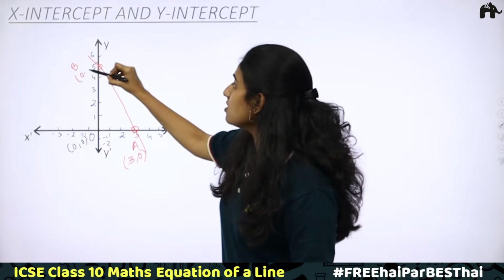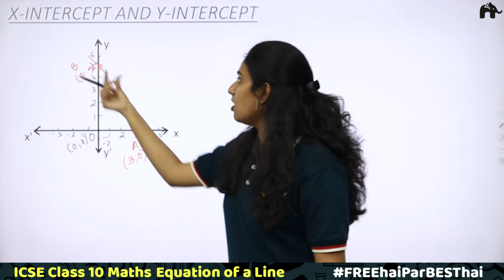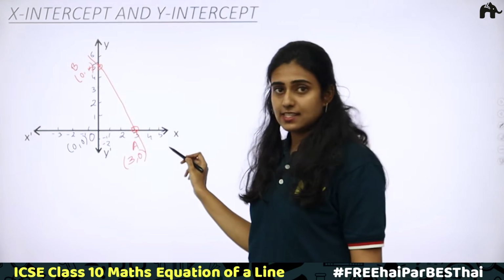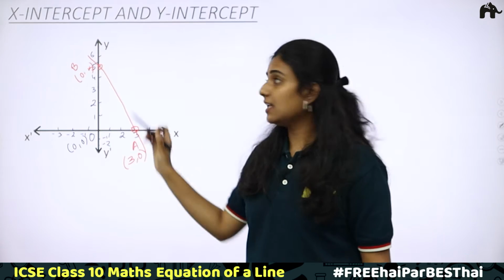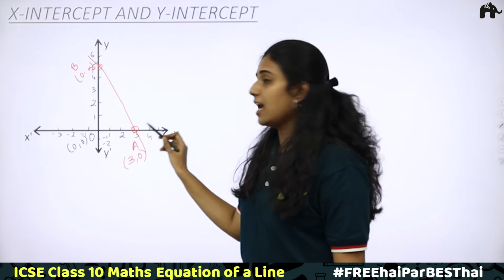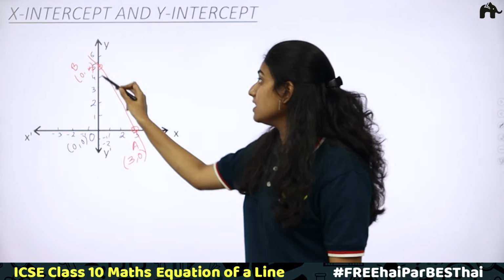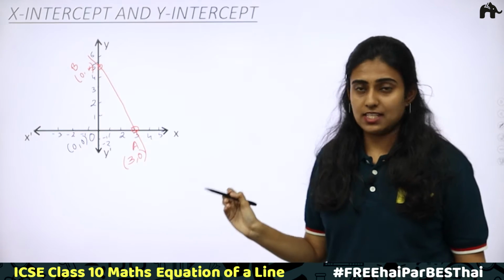Therefore, the y-coordinate, or the ordinate, is 5. So we got the coordinates of points A and B. A lies on the x-axis and B lies on the y-axis. Here it is clear that the line cuts the x-axis at the point (3, 0) and the y-axis at the point (0, 5). So, what are the x-intercept and y-intercept?